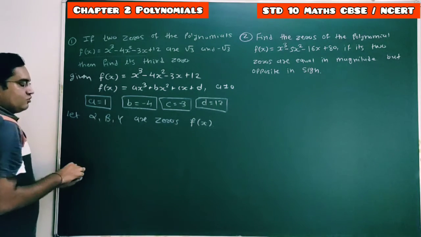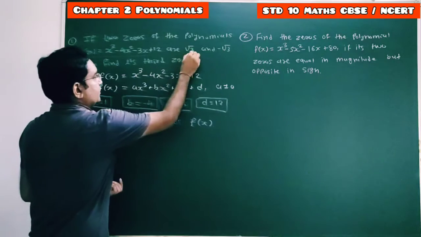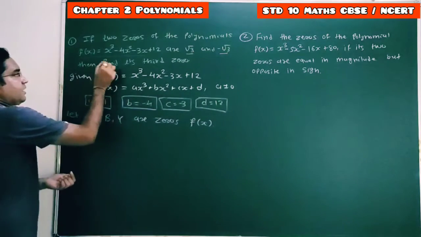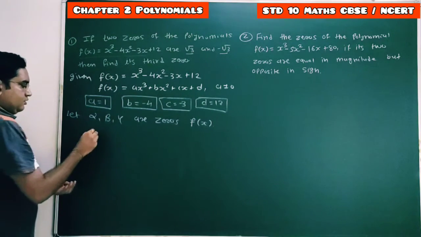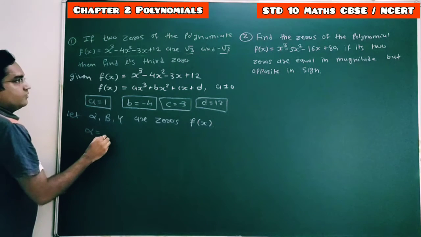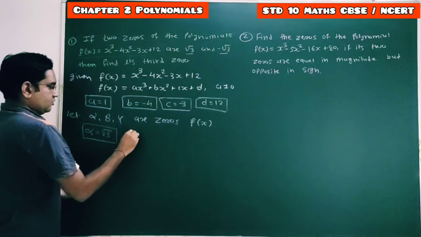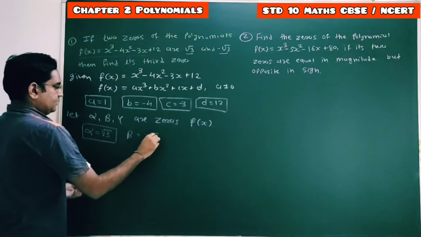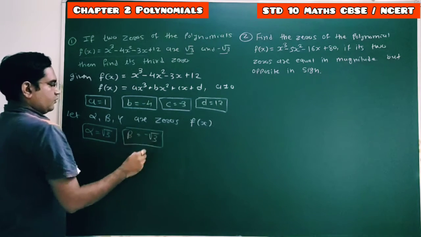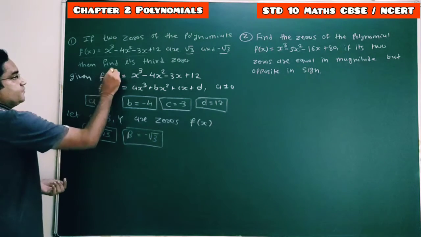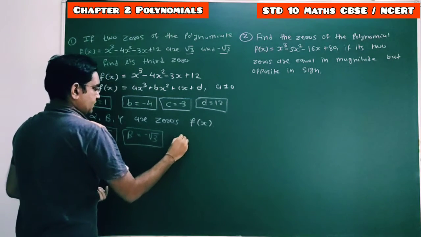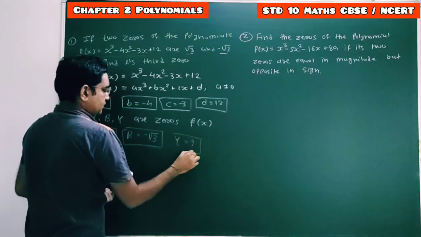So out of these 3 zeros, the values of 2 zeros are given. Root 3 and minus root 3 are its zeros. So let's say alpha is root 3 and beta is minus root 3. So these are the two zeros. The question is to find the third zero. The third zero is gamma. Find the value of gamma.